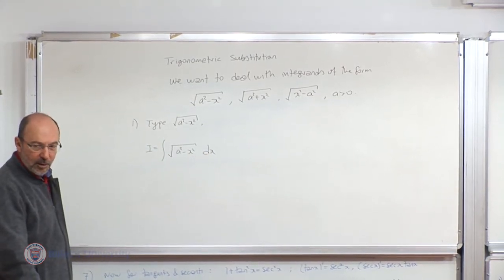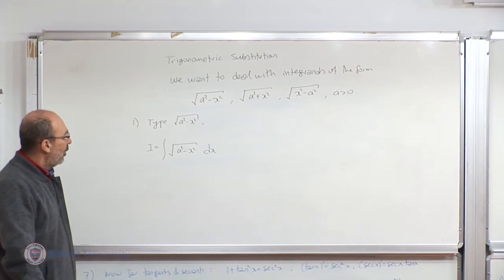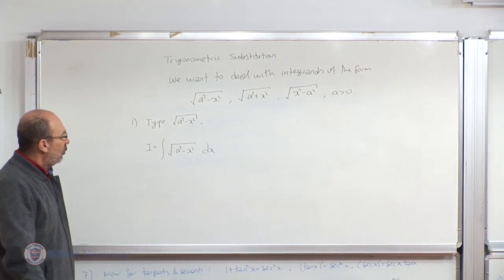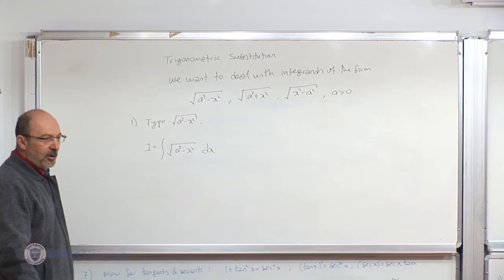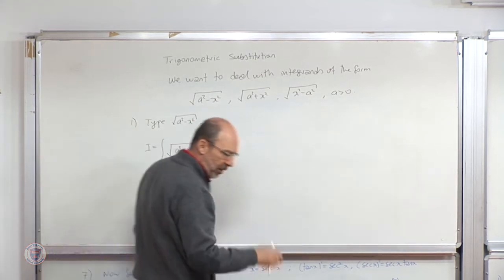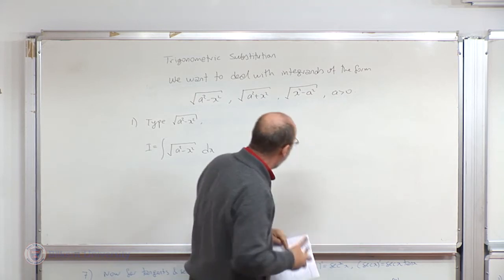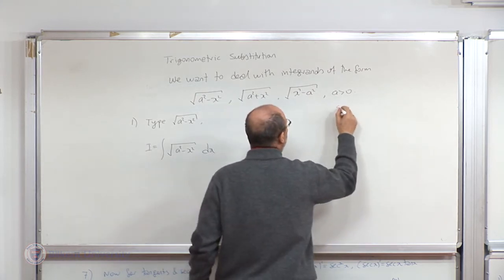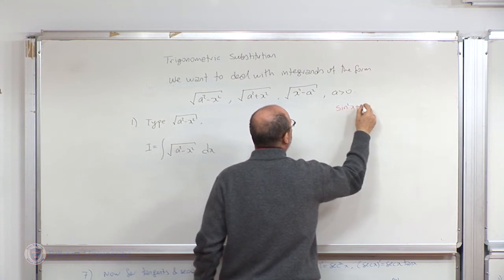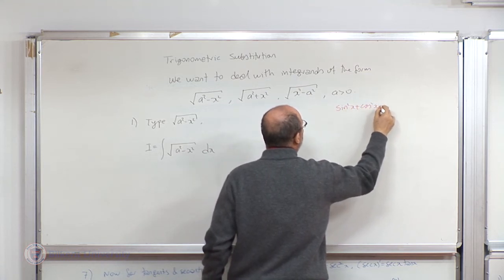Okay, so how many? The two types of trigonometric identities we have are, okay, so let's keep these things in mind. So what do we have? Sine square x plus cosine square x equals 1.